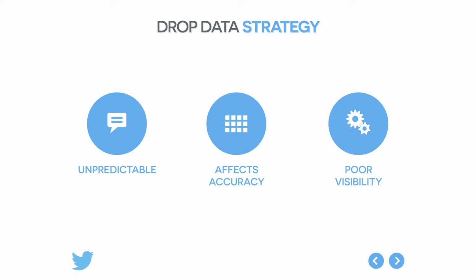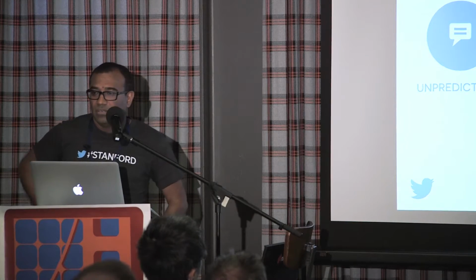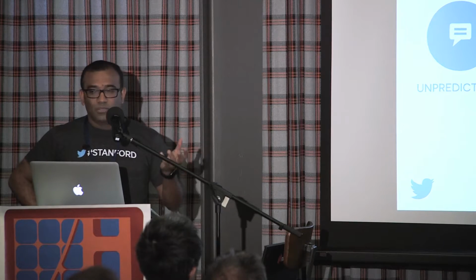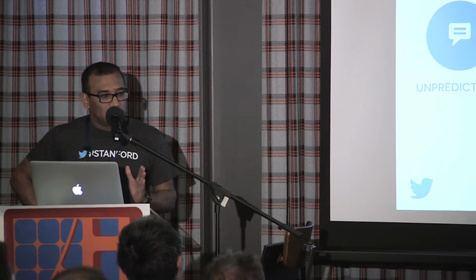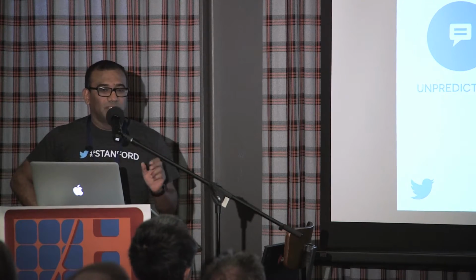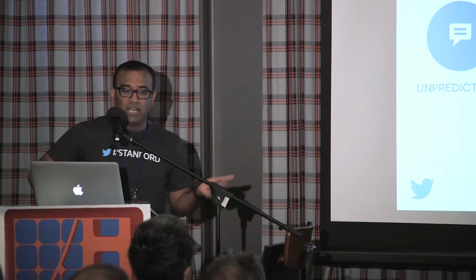So the drop data strategy. What happens with drop data? It's very unpredictable. If the machine is going really slow, you can continuously drop data, and we have seen instances of 2 to 3x inaccuracies. For example, Storm was doing this drop data strategy.